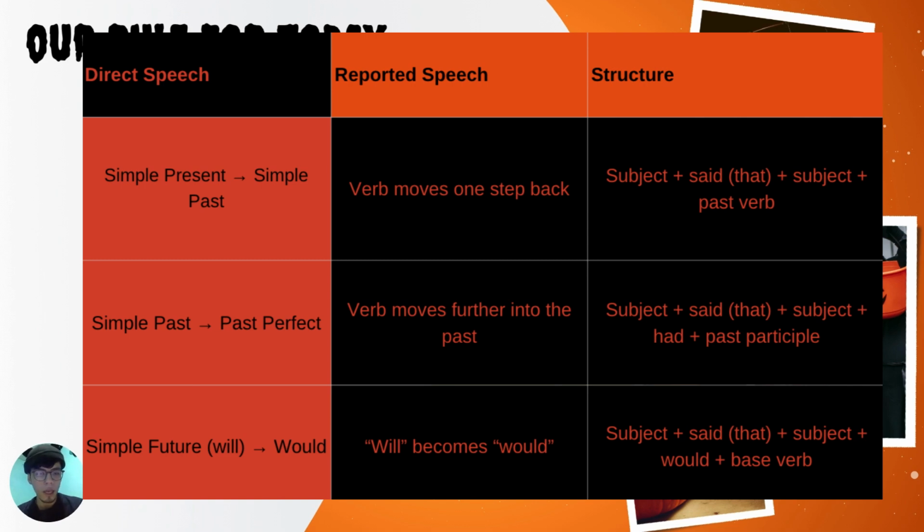But when we have the direct speech written in simple future, using the auxiliary will, we will need to use the modal verb would. As you can see on this table, you can take notes in order to have the structure of each reported speech tense in your notebook.